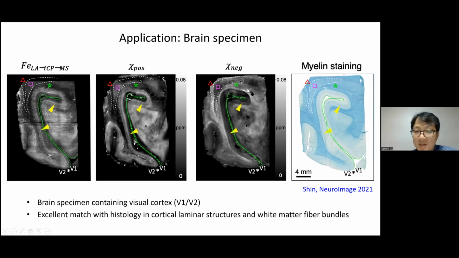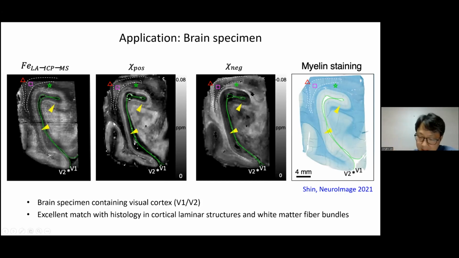Another exciting thing is that the white matter fiber bundles have different contrast, and that contrast matches the myelin density of these fibers. The same goes for the chi positive map and the iron image on the left, where you can also see the line of Gennari, known in the iron map to show increased iron deposition, corresponding to the chi positive result. The same goes for the white matter fiber bundles as well.